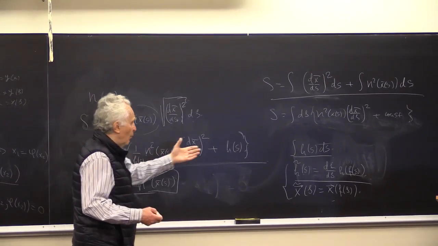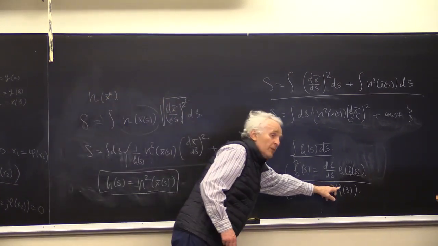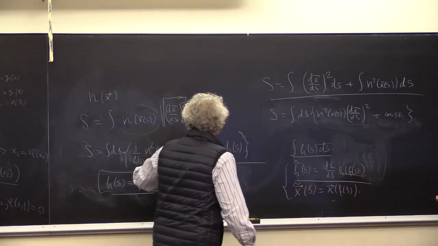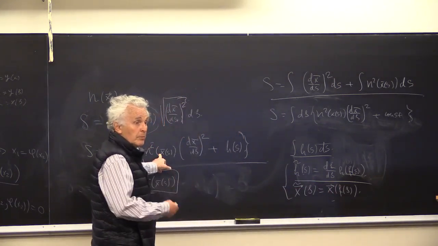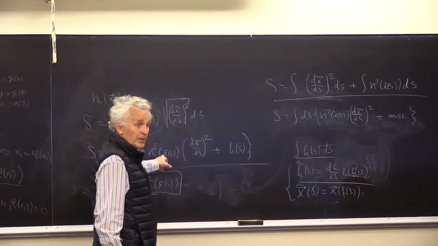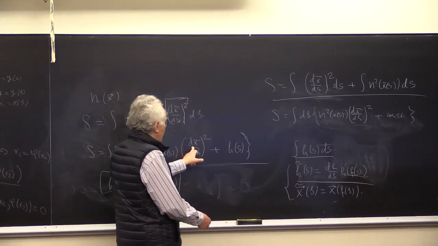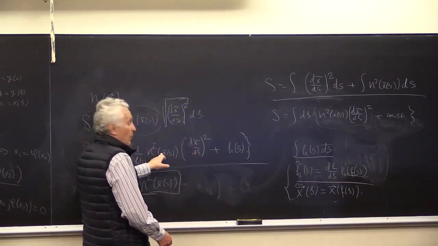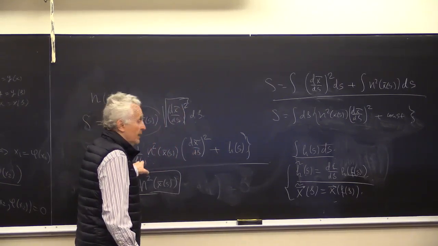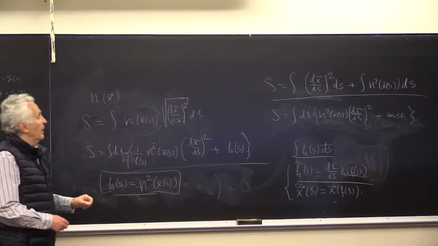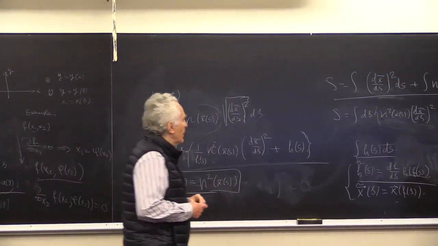So of course you can take some different function f, but then the action will not be invariant under this transformation. So it is very important that df ds coming from here will cancel df ds coming from here.